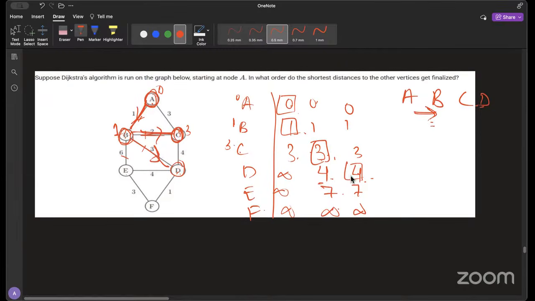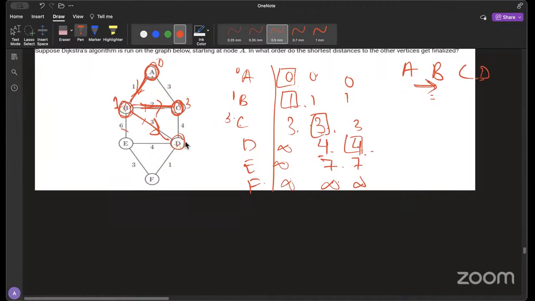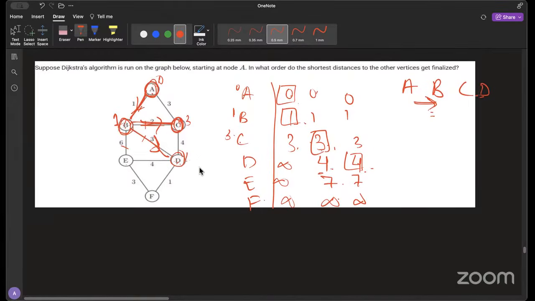So we're done till D, right? And then after D, we change the distance. How much is the distance till D? 4. Okay, distance till D is 4, right? So it's 4 here. Then from 4, the distance till F will be 4 plus 1, 5.